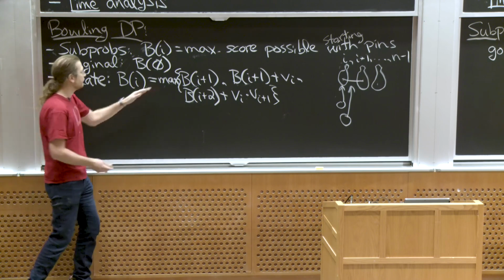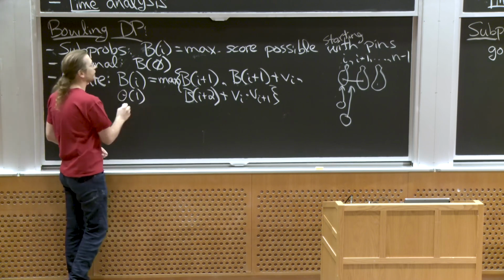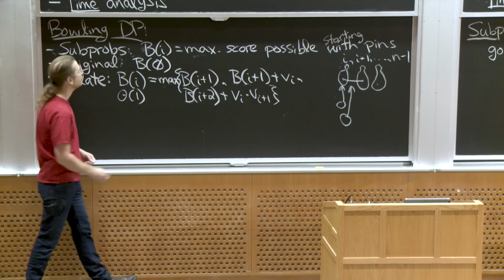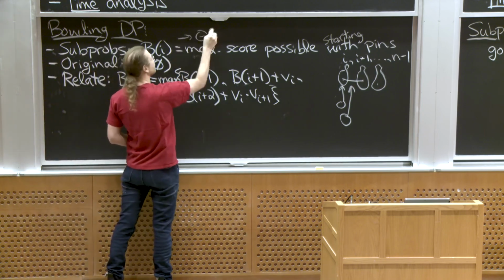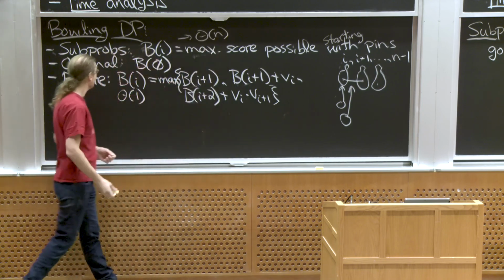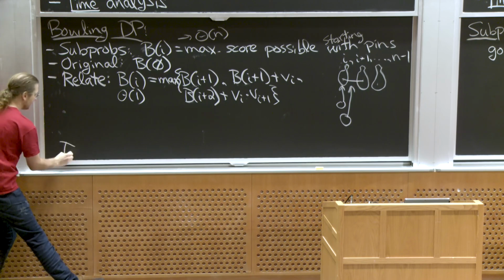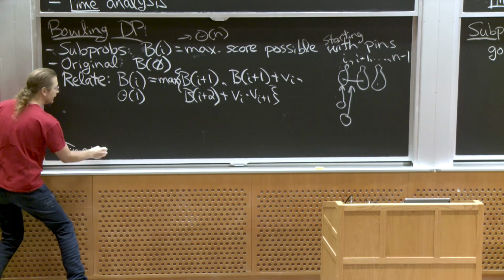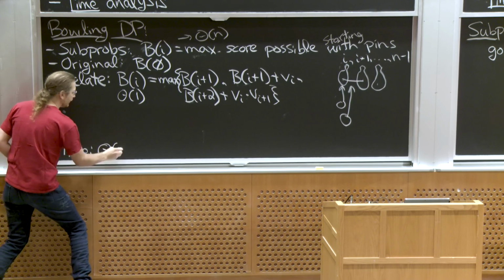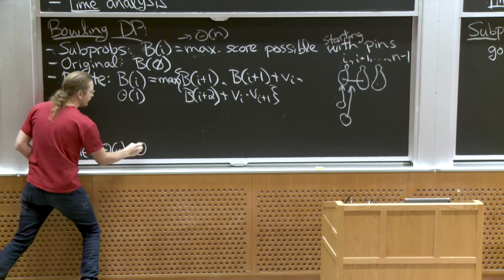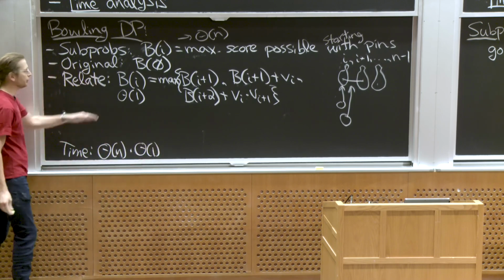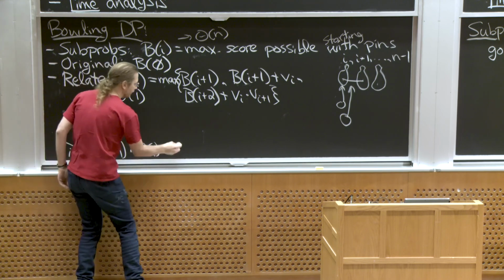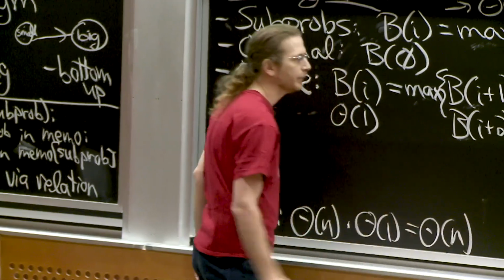So this takes constant non-recursive work. How many subproblems are there? Well, it's suffixes, so it's a linear number of subproblems. And so the time I'm going to end up needing is the number of subproblems, n, times the non-recursive work I do per subproblem, which is constant. And so this is linear time.